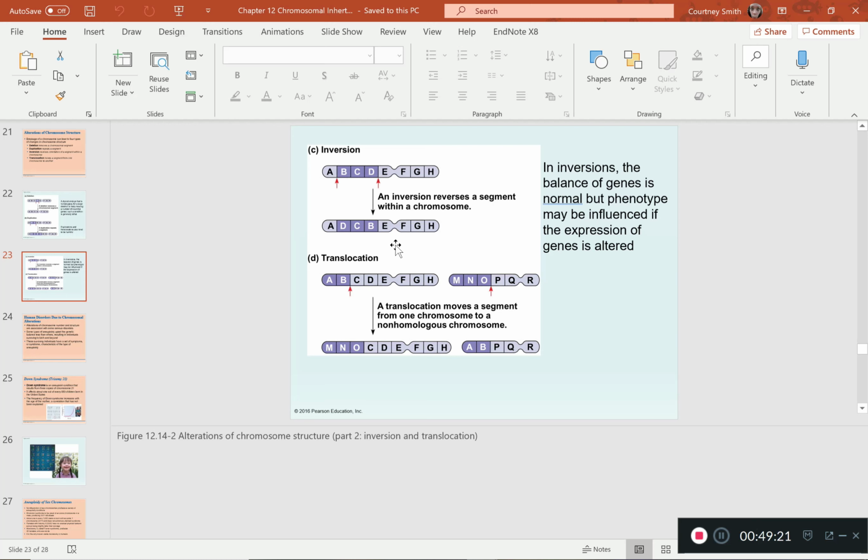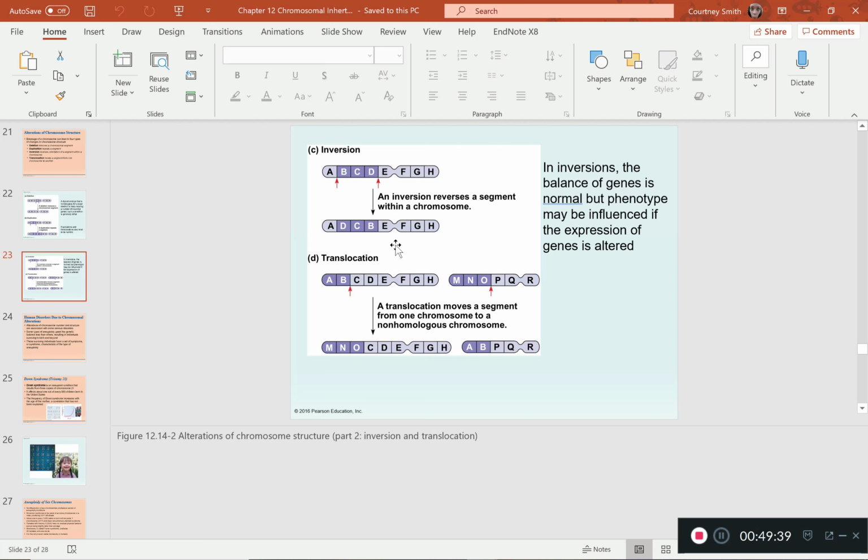So generally it's okay. Phenotypes may be altered, but for the most part, the gamete as well as the fetus, if this happens during mitotic division whenever the fetus is developing, it's okay.